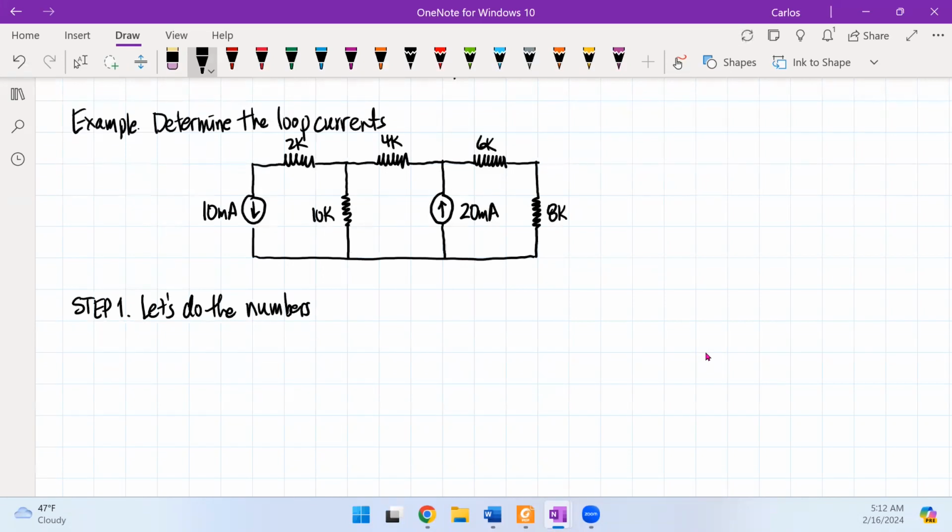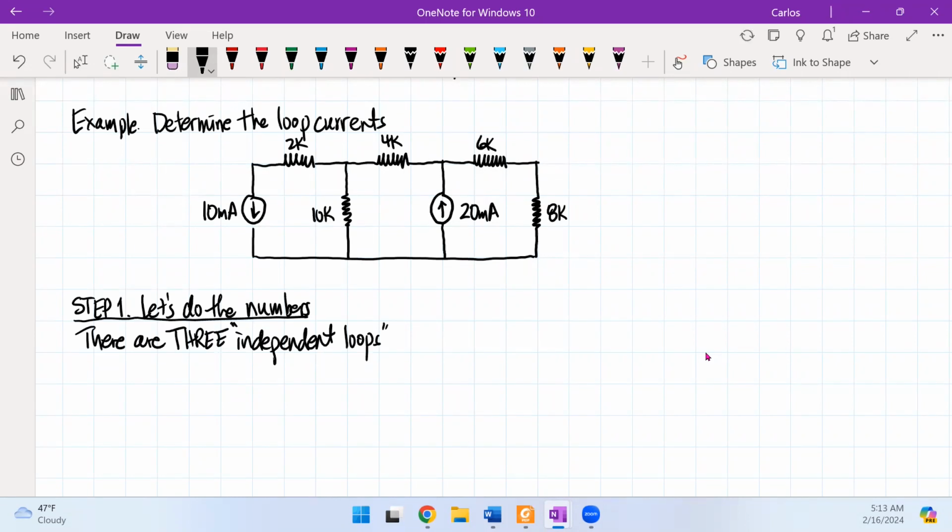We see that there are three independent loops. I want to be careful when I say independent loops, because we're going to have to modify that.